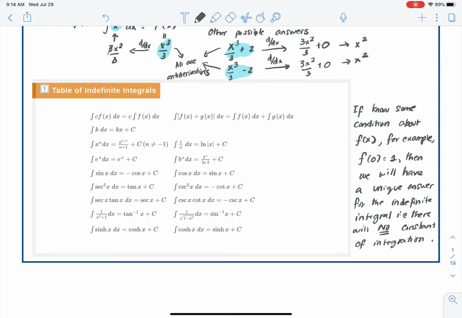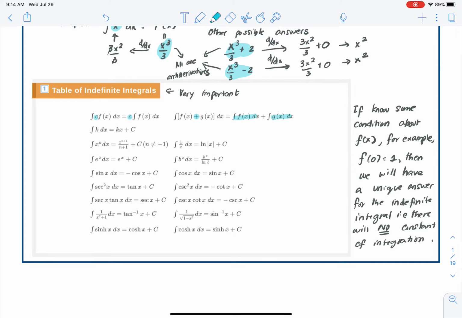Now this table here is very important. If you plan on going to upper level mathematics, this table only gets lengthier. So key things to note is if we have a constant multiplied to f of x, we can pull the constant out, then take the integral. If I have two functions in a sum, I can separate the integrals out and integrate them separately.